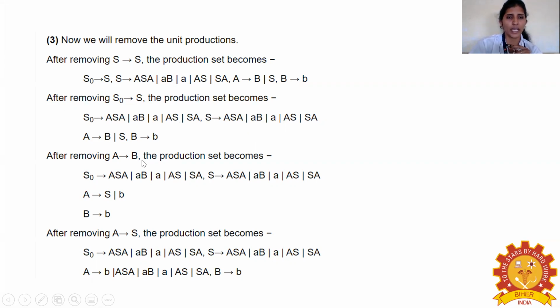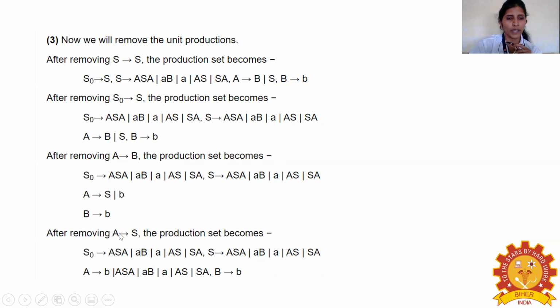After removing A to B, the production set becomes S naught to ASA or AB or A or AS or SA, S to ASA or AB or A or AS or SA, and A to S or B, and B to B. This remains the same.